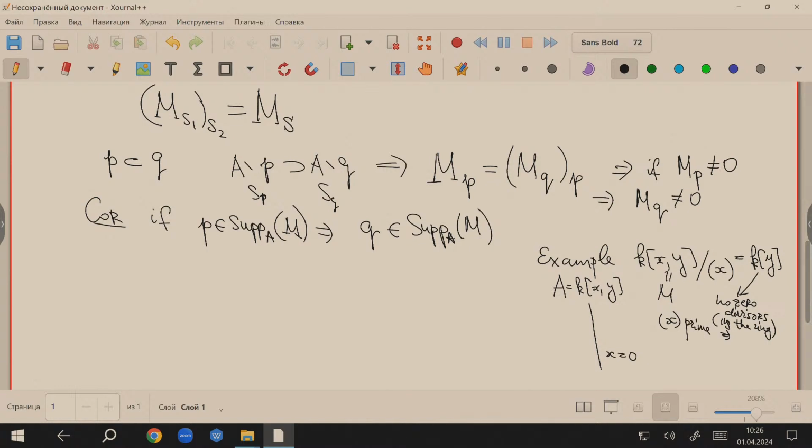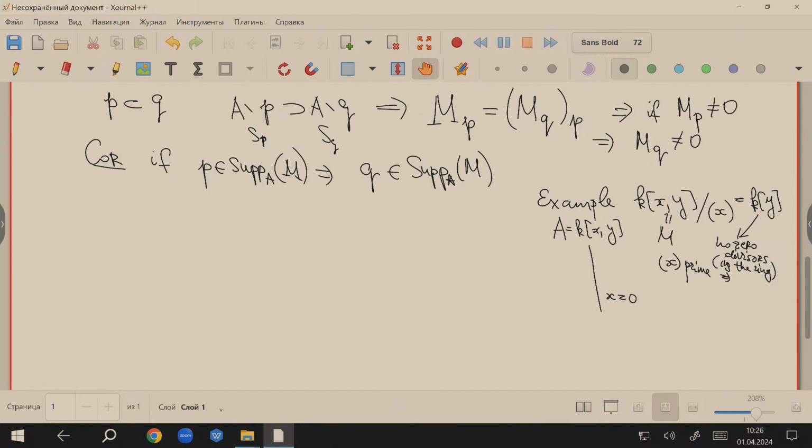And you see exactly here that, since it has no zero divisors as a ring, x is the annihilator of any element in this ring.